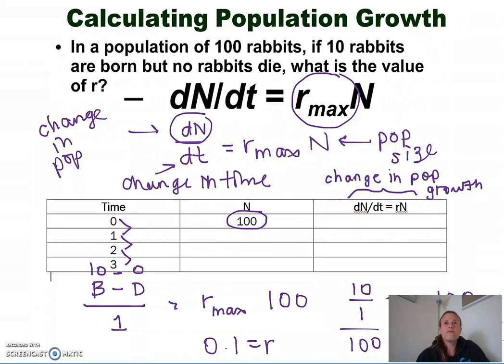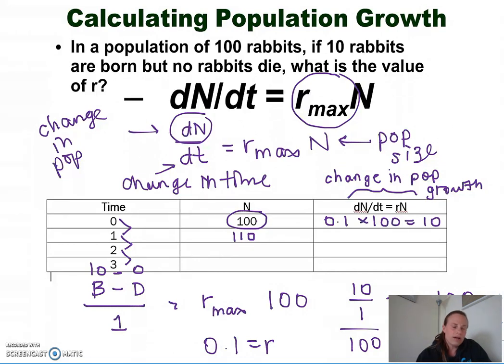But if I want to actually find out by how many my population either increased or decreased, I need to multiply the rate by which that population changes by the original population. So in this case, I'm adding 10 rabbits for this first increment of time. So that means that after one arbitrary amount of time, let's say 1 minute, I would go from having 100 rabbits to 110 rabbits.